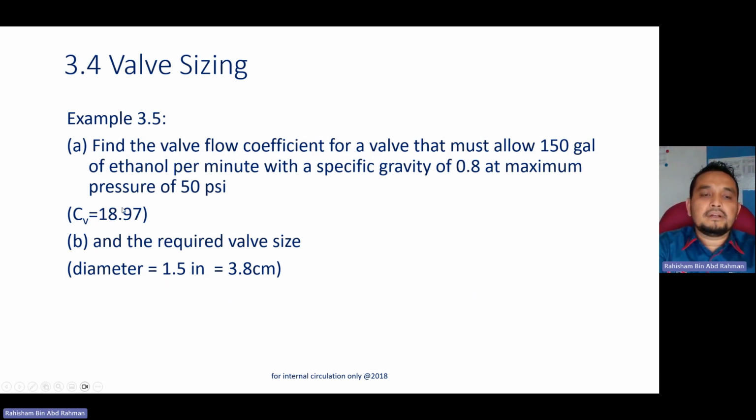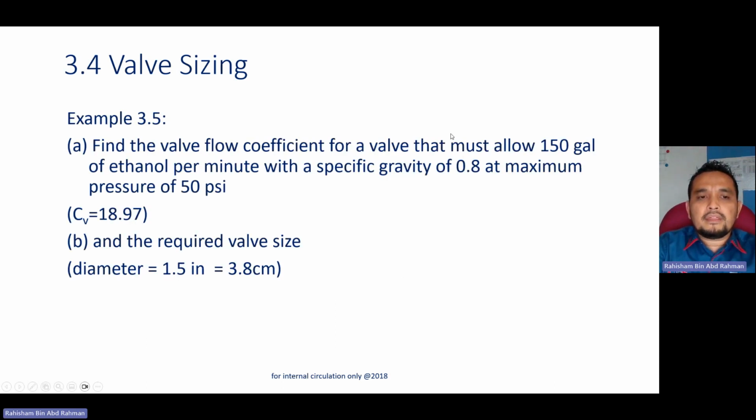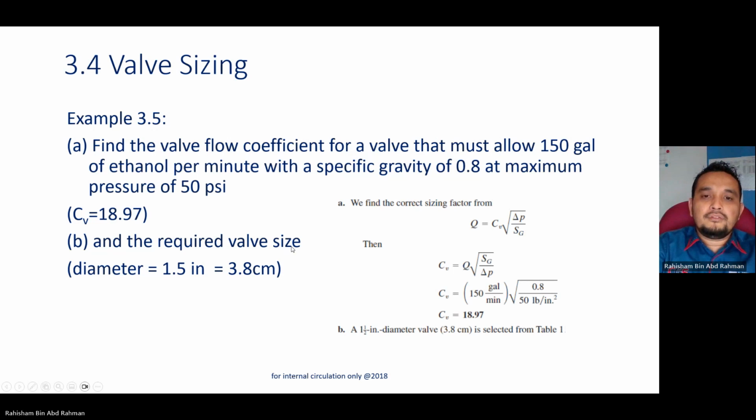And the required valve size. There are two questions here. First, we need to determine the valve flow coefficient, and then second, we need to determine the valve size. First, we need to find the correct sizing form factor.